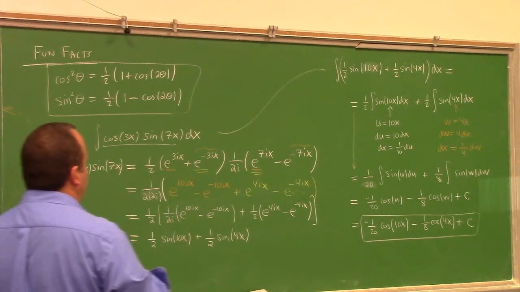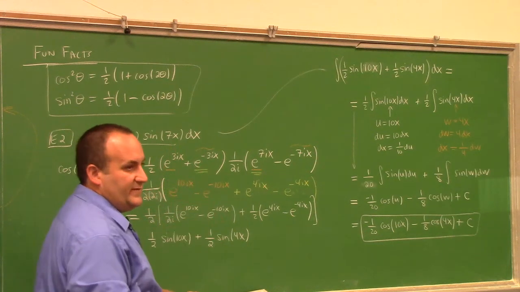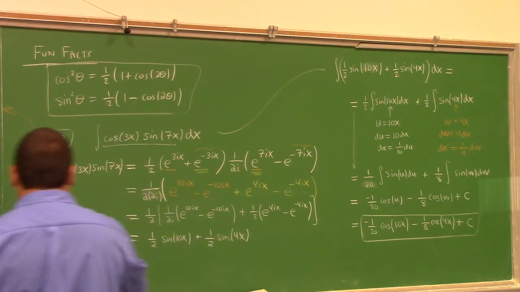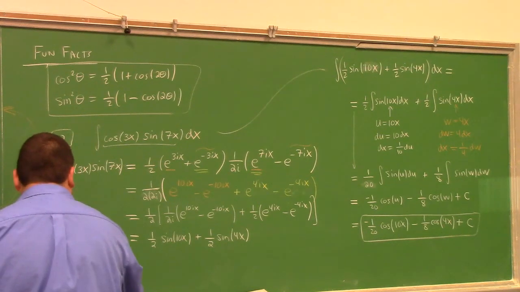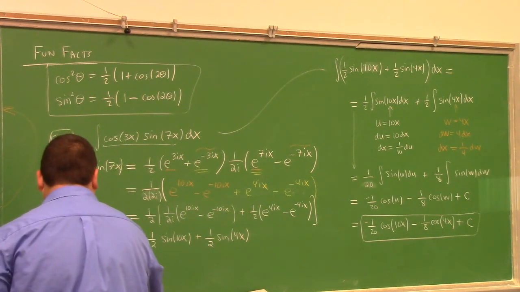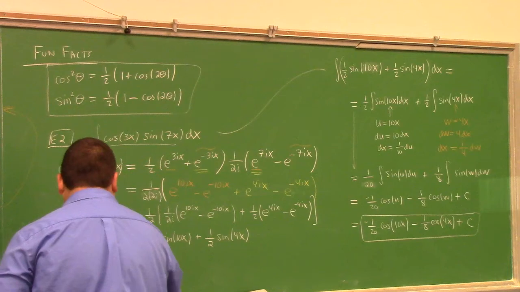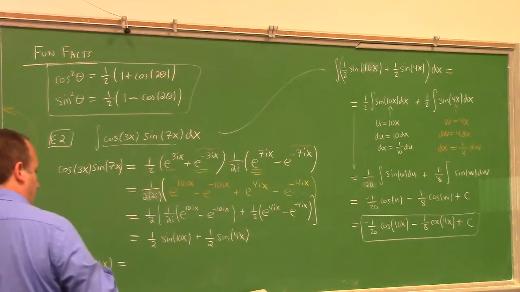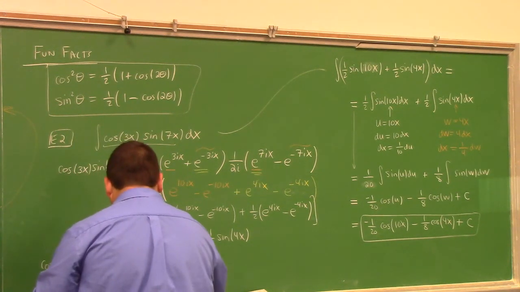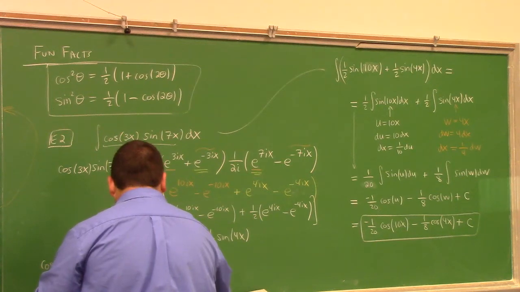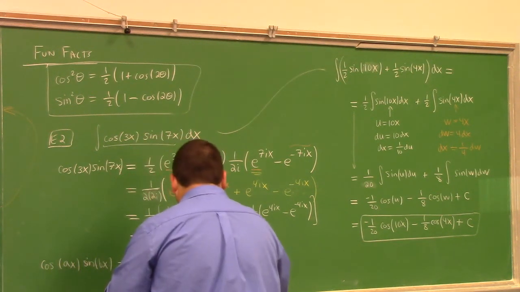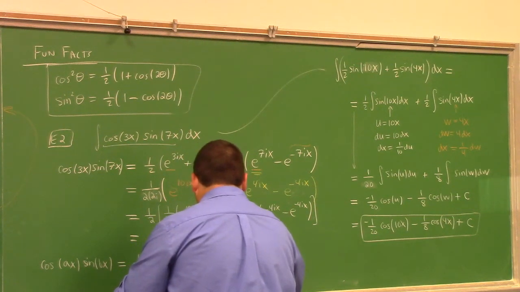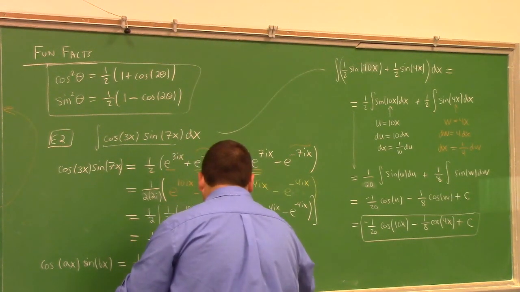What would happen if instead of having 3 and 7, I had cosine of ax times the sine of bx? What would happen? We get what? 1/2 sine of something times x plus 1/2 sine of something times x.